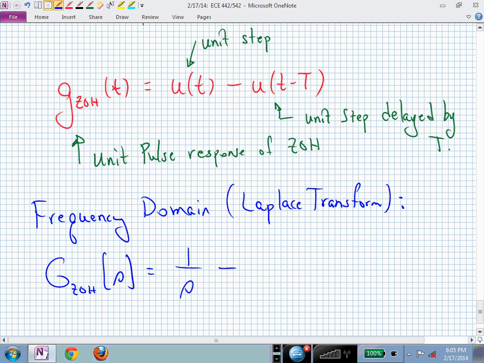Did everybody get that? If you're looking for extra or partial credit, you would say, well, I know it's this with something. Well, that something is an e to the minus Ts, right? Where T is the sample period.